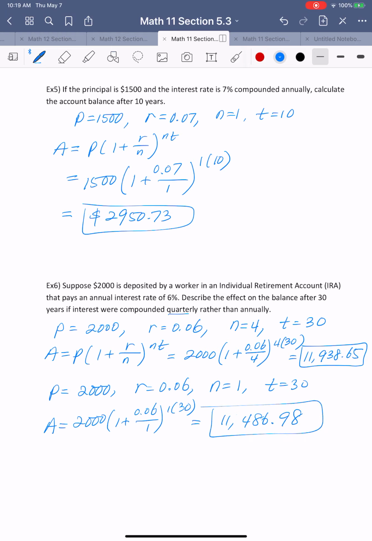And if you see the difference between the quarterly and the annually, it becomes $451.67. So this is how much more you earn if you use quarterly instead of annually.